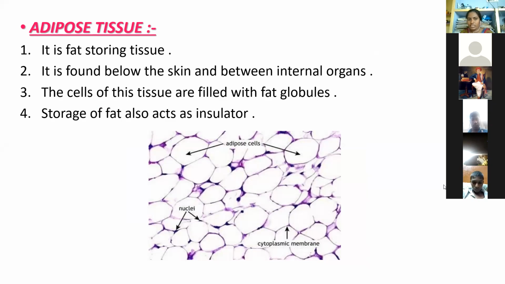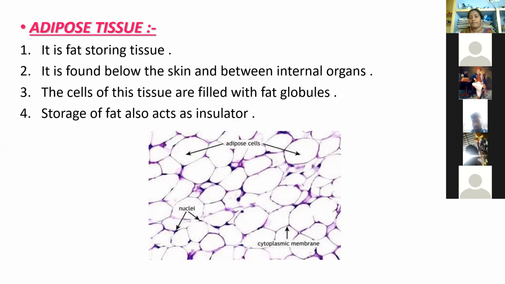The cells of this tissue are filled with fat globules, used for storage of fats, and it also acts as an insulator.